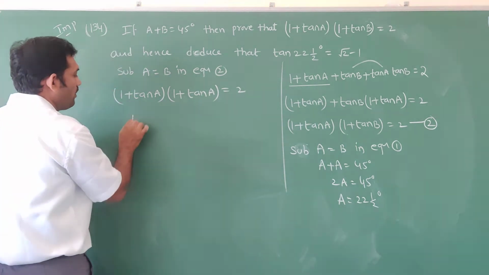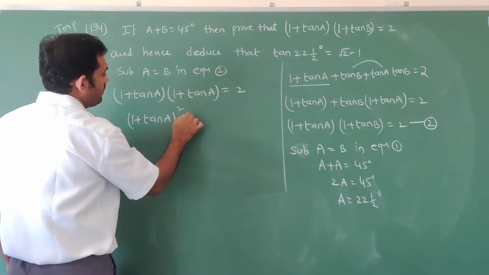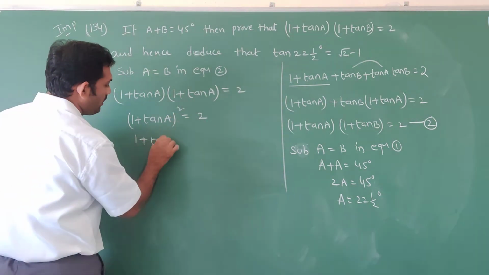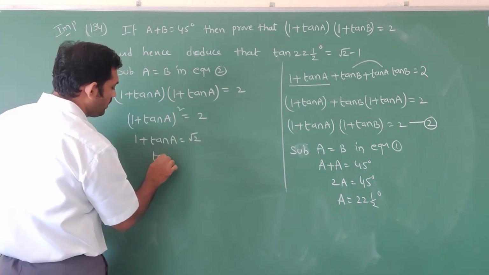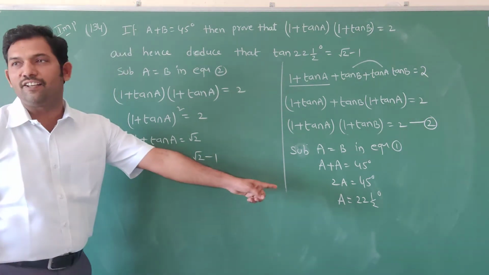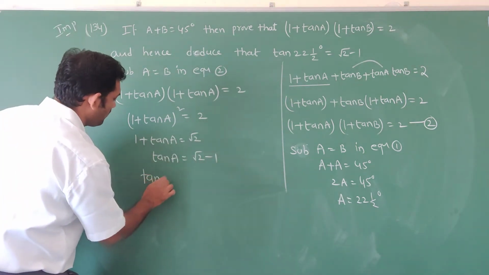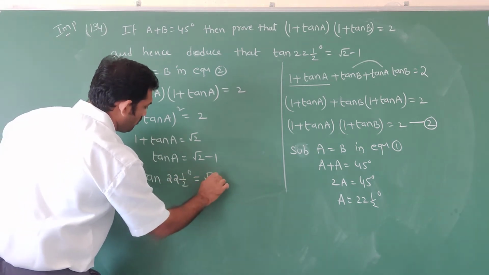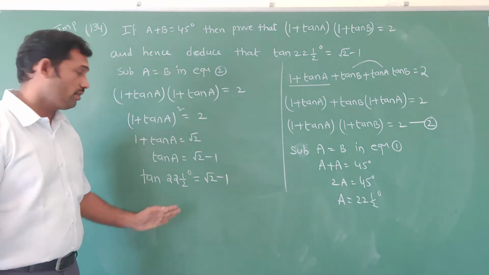So 1 plus tan A whole square is equal to 2. 1 plus tan A equal to root 2. So tan A equal to root 2 minus 1. Already the A value is 22.5 degrees. So tan 22.5 degrees is equal to root 2 minus 1.